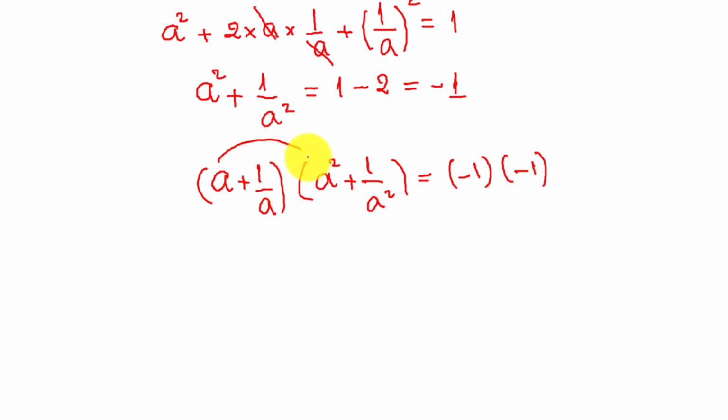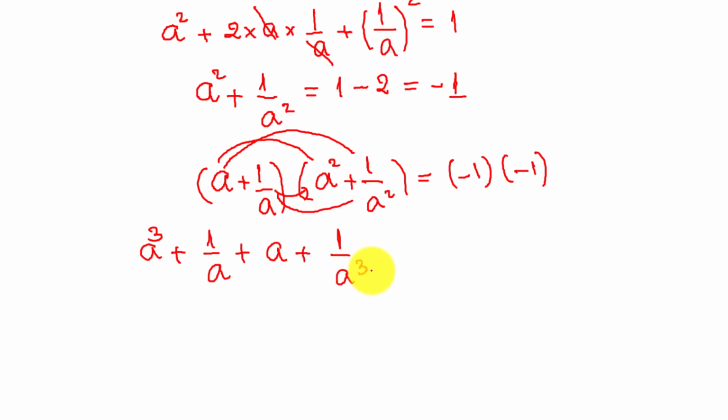And we get a power 3 plus 1 over a plus a plus 1 over a power 3 equals 1.